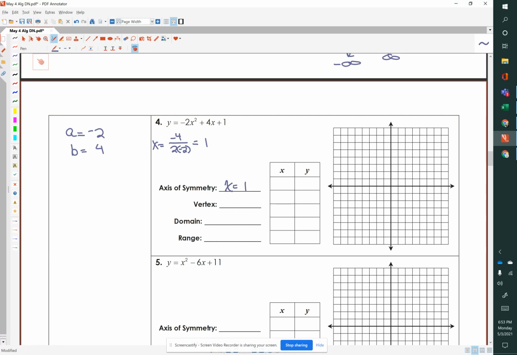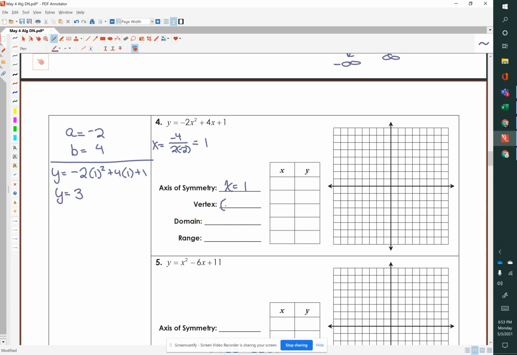So now the vertex, I will make that substitution. I'll put the x equals 1 into this quadratic. So that gives us y equals -2 times 1 is -2 plus 4 plus 1 equals 3.